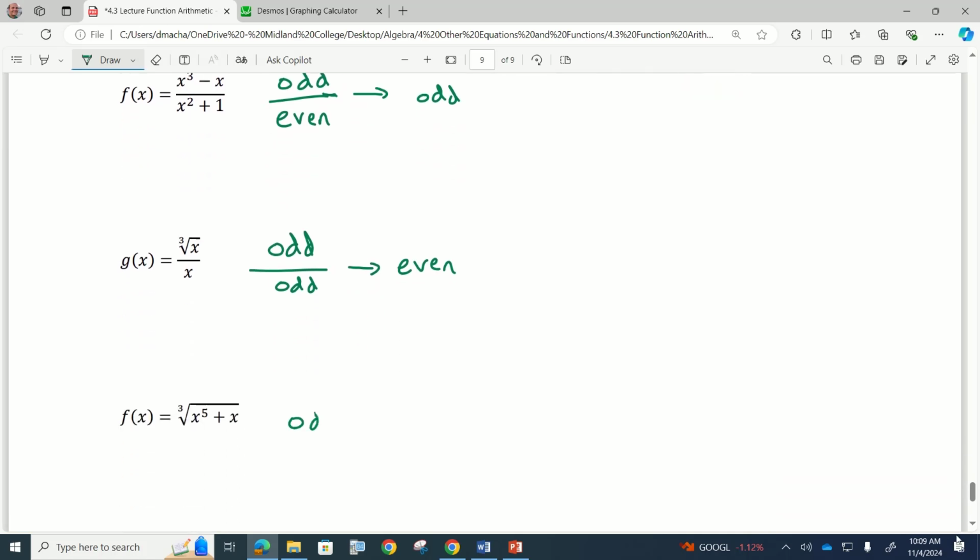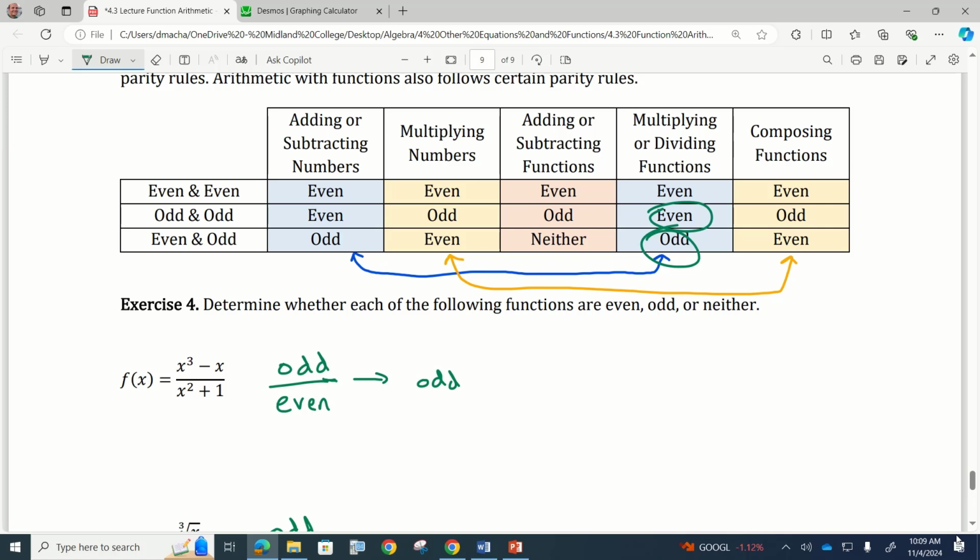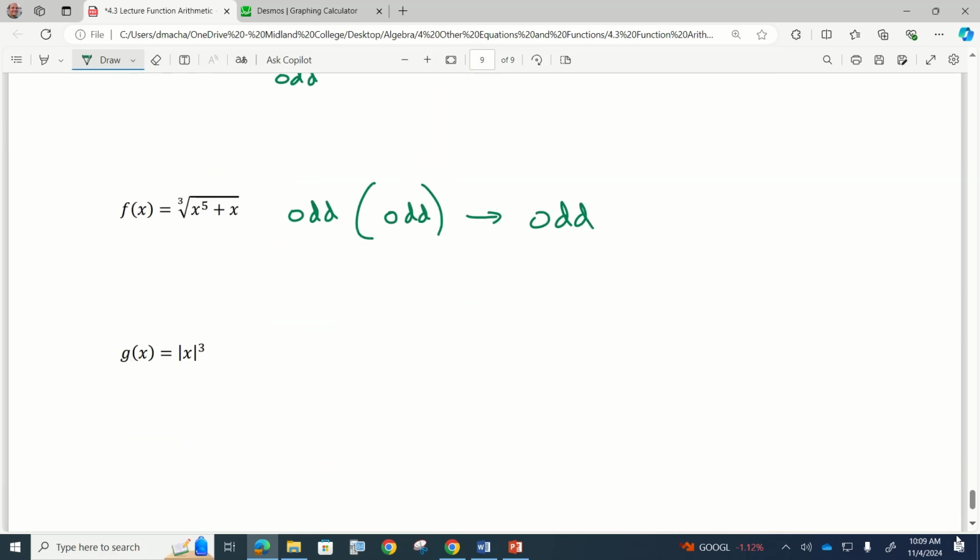This is an odd function composed with an odd function, and that should give me an odd function. Composing functions, odd and odd, should give me an odd function. And then lastly, I've got an odd function composed with an even function, because the absolute value is an even function, and according to my table, this should be an even function.